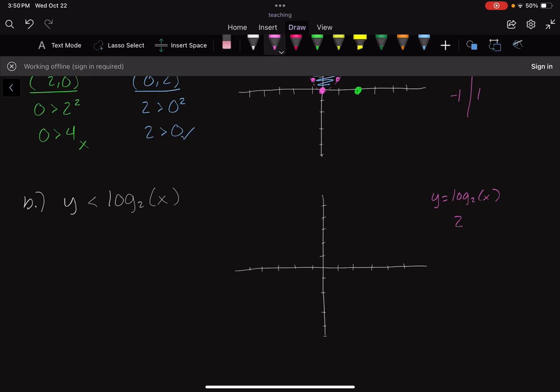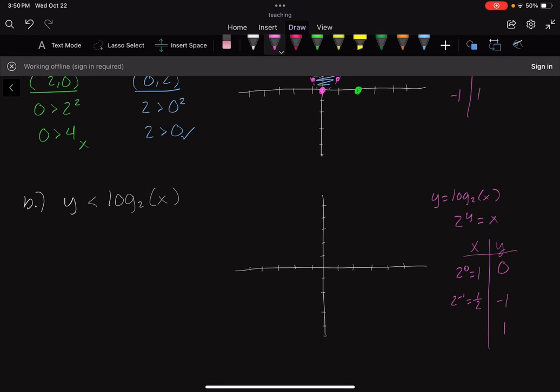So first, I like to change them into an exponential. And then I pick y values and plug them in. If I do 0 as my y, I get 2 to the power of 0, which is 1. If I do negative 1, I get 2 to negative 1, which is 1/2.